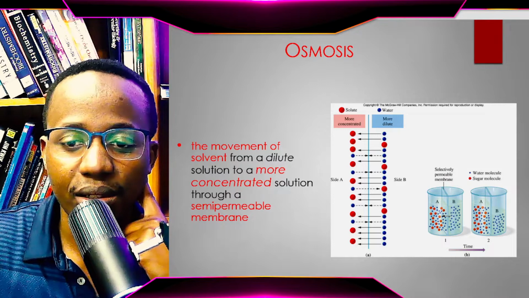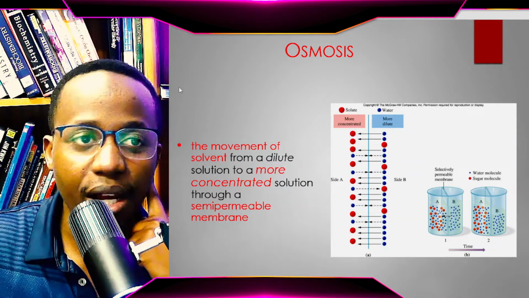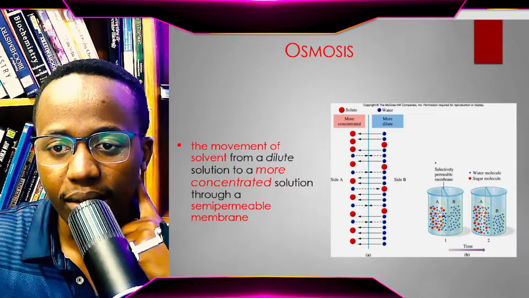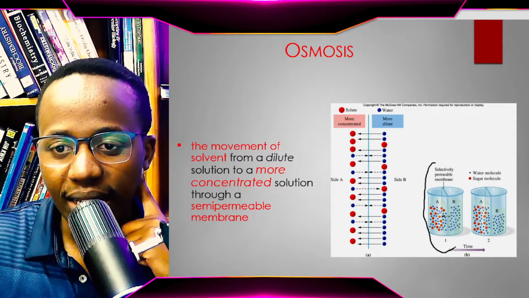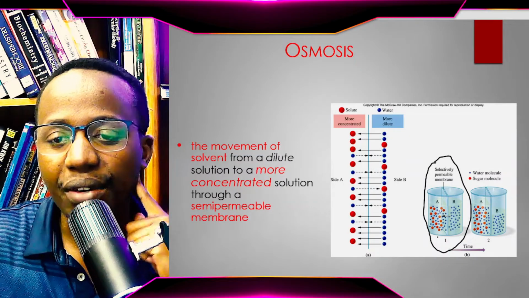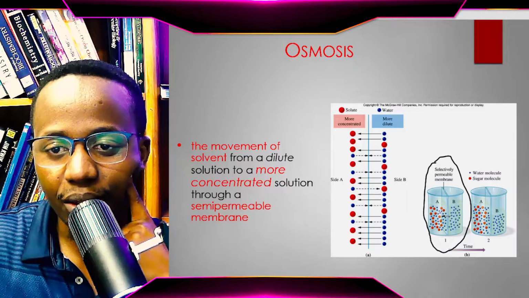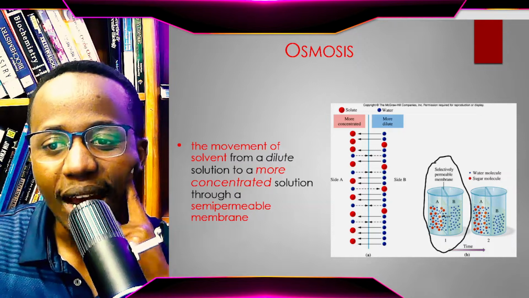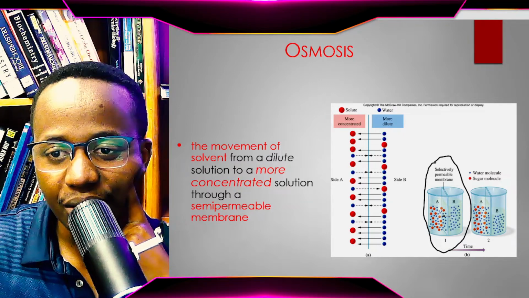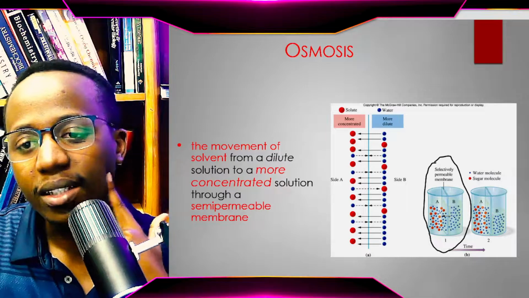So if you can pay attention to this figure at the bottom right here, so we start here, right? On side A, you have a high concentration of your solute. On side B, you don't have anything, right? You don't have much of a concentration here.